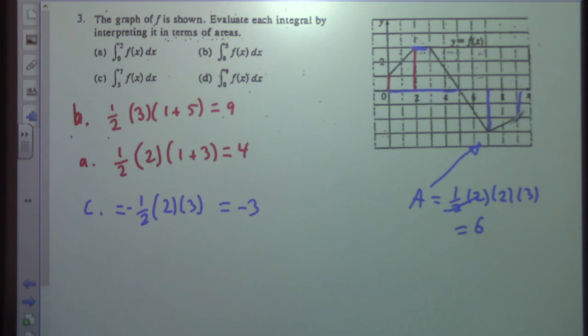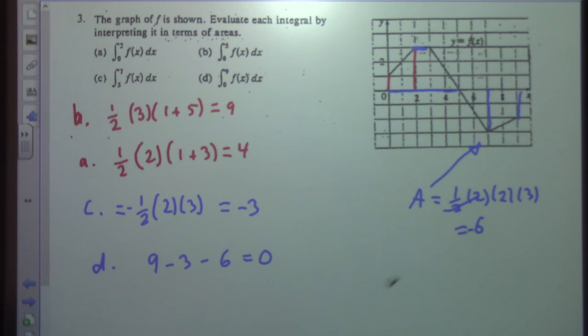So that's going to be a 6. So for part D, actually that's going to be -6. So for part D, we're going to have 9 minus 3 minus 6, so that's going to be 0. Okay?